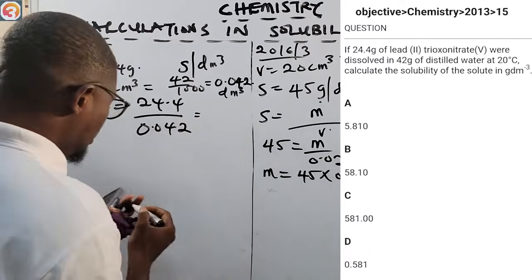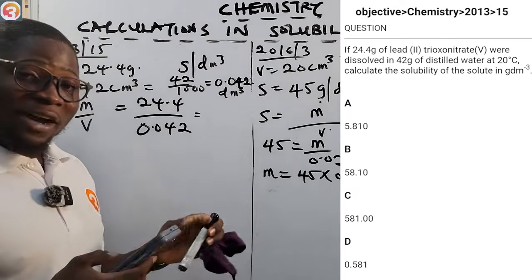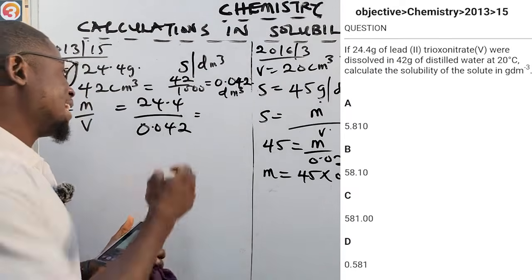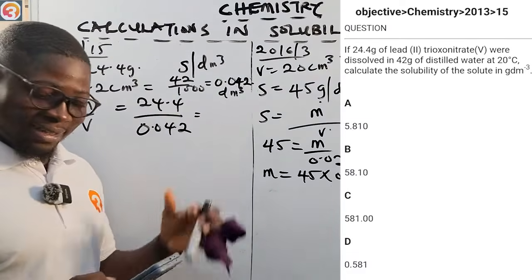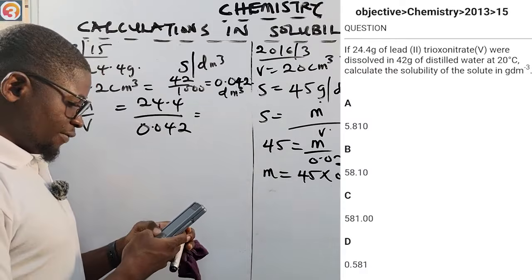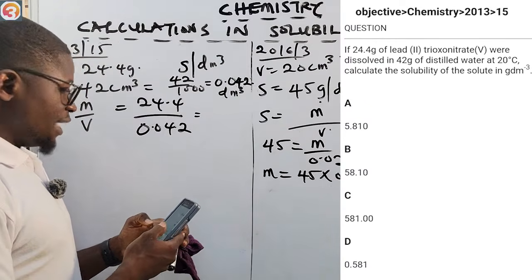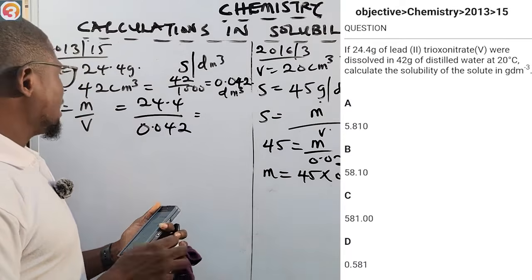Although I can just multiply this by 1000, there's no sense in that. So let's just do it straight. 24.4 divided by 0.042. That gives us what now?